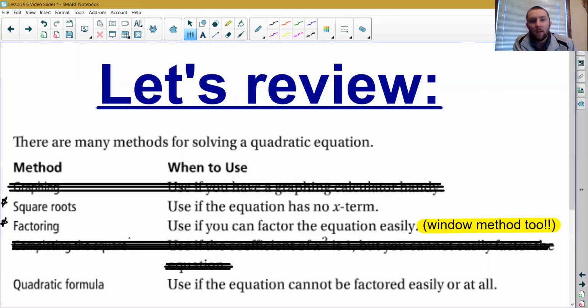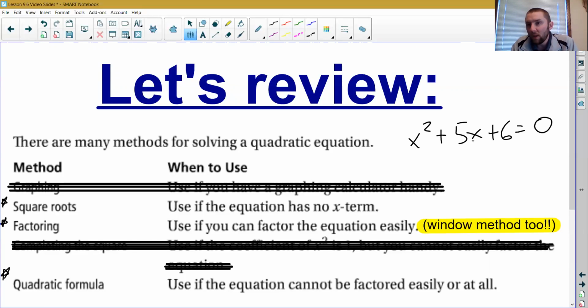So the quadratic formula, we sort of skipped over these other two, but the quadratic formula is something you can use all the time. But if it is a factorable equation, for example, if we had, let's say, x squared plus 5x plus 6 equals 0.